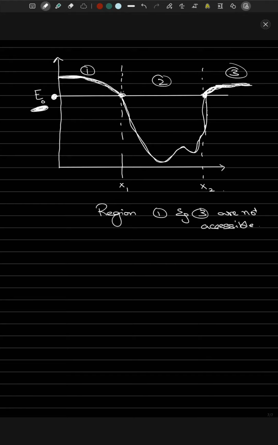Now, this was purely classical. One way you could think about this is, let's say there's a hill over here, and you're standing over here, and there's a ball, and you kick this ball.